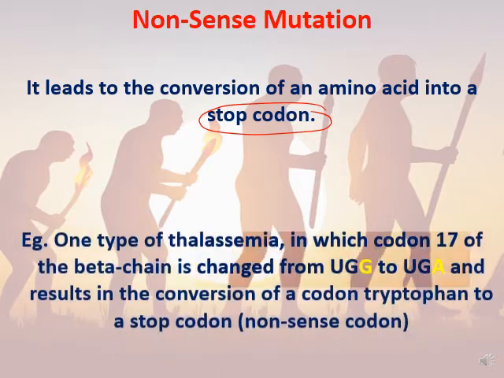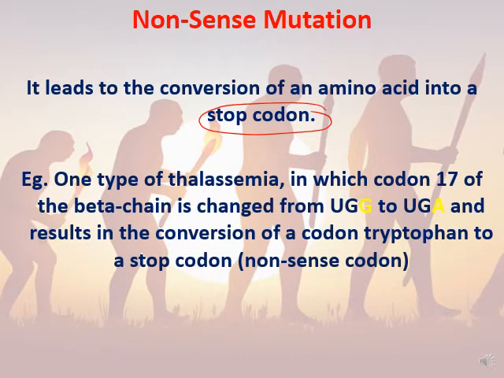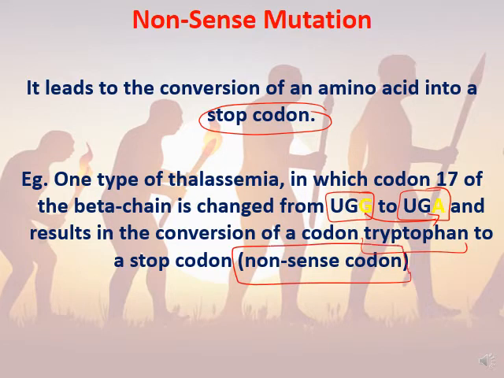An example is one type of thalassemia, in which codon 17 of the beta chain is changed from UGG to UGA, so one of these nucleotides from G into A. This results in the change of the codon from tryptophan to a stop codon, or nonsense codon. So one nucleotide is changed, and this will lead to the appearance of the stop codon, which is the UGA. Do you have to study the codons and the genetic code table? Sure not. This genetic code table is going to be given in the exam.